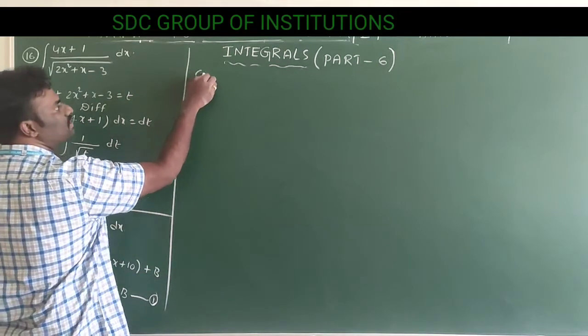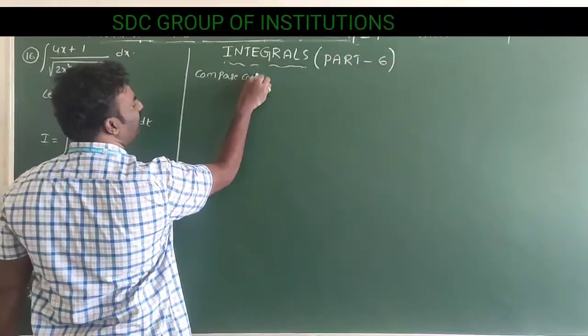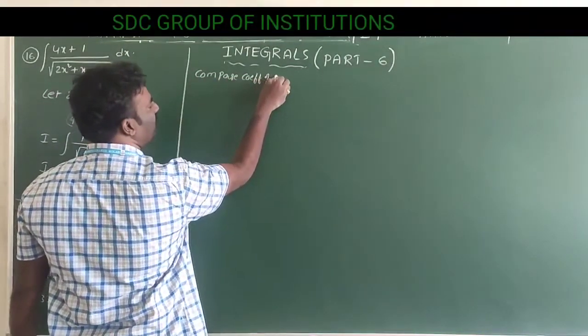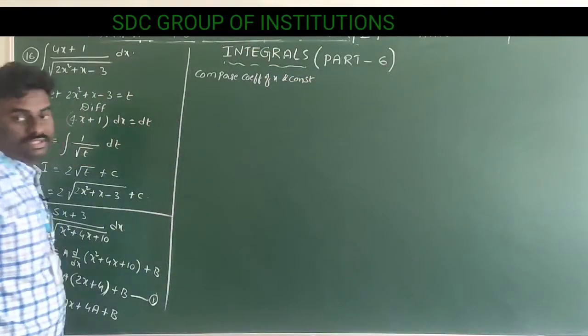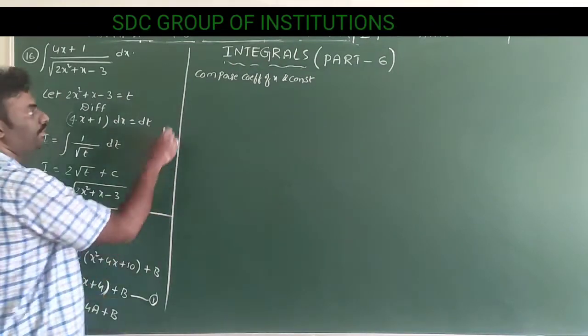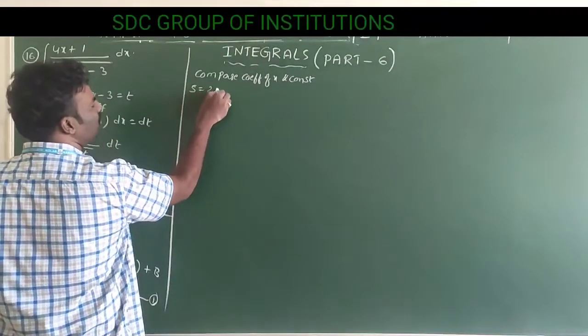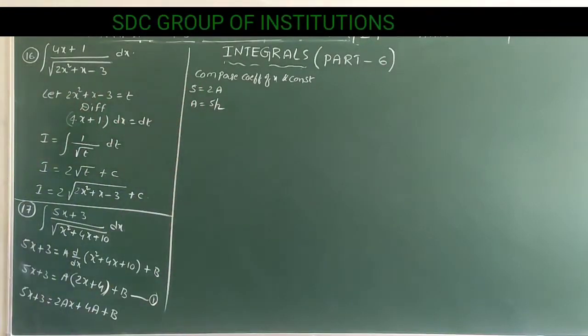Compare coefficients and constant on both sides. First x coefficient is 5, here 2a. 5 equals 2a. We can write a value is 5 by 2.